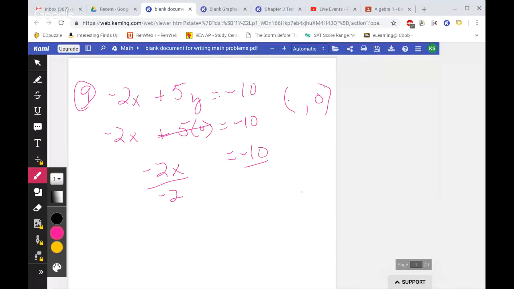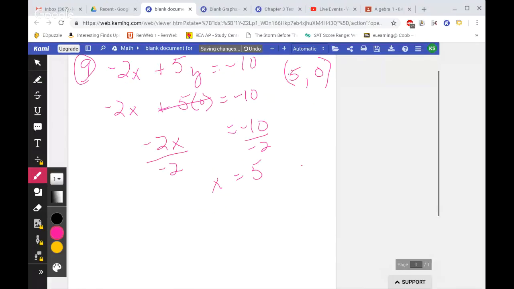And then I'm going to divide both sides by -2. And I'm going to need a +5. And to find the y-intercept, I'm going to plug in a 0 for the x.